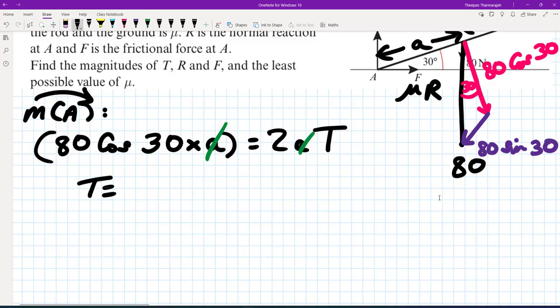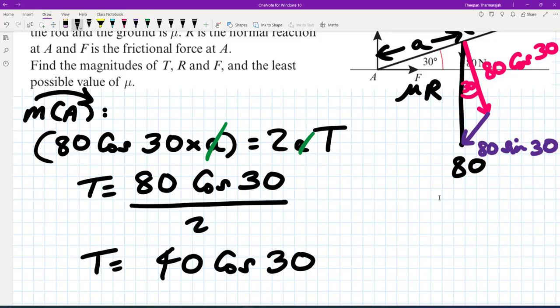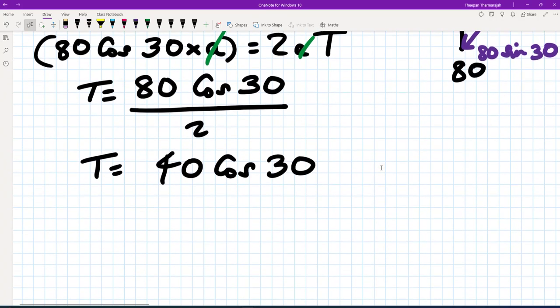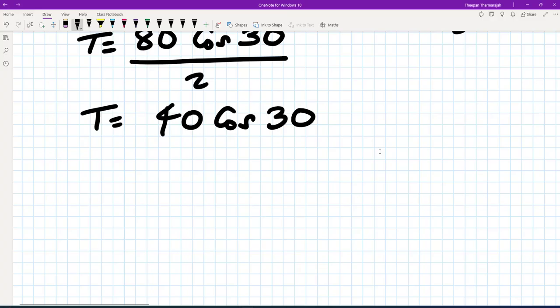So T equals 80 cos 30, all divided by 2. So I'm just going to write that as 40 cos 30. Now they do ask us to work out the value of that. So I'm going to write the true value out for T because they asked us for the magnitude of T. So let's get our calculator and type that in.